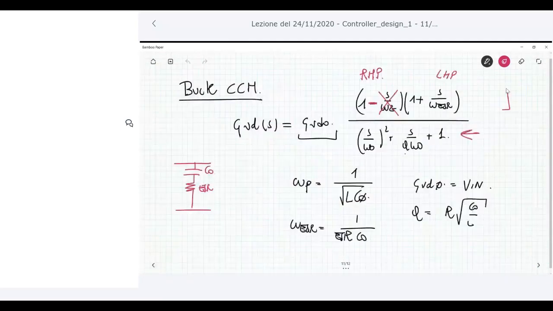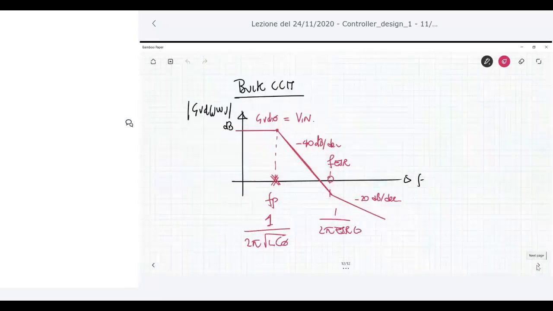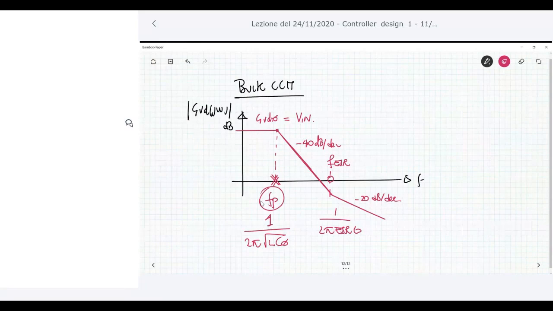So this is the mathematical description in terms of these expressions: you can see there is a zero here and two complex conjugate poles, but in terms of Bode plot you can describe it by this expression. It is constant, equal to Vin, up to the complex conjugate poles. You have two poles, so from now we have a slope of minus 40 dB per decade up to the zero due to the ESR.